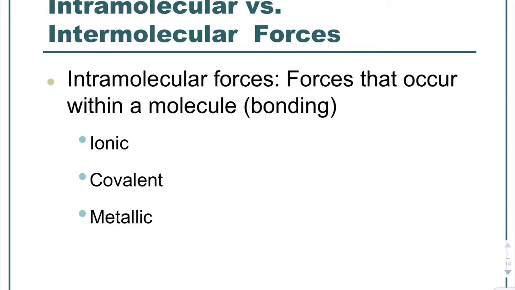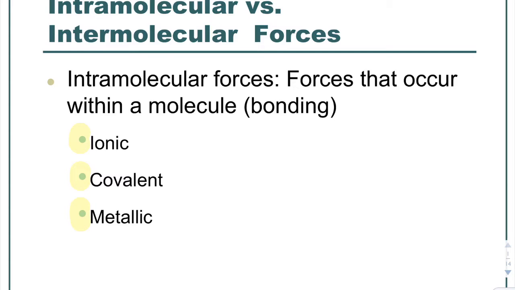So we're talking about intermolecular forces. We've already been talking about intramolecular forces, and I just need you guys to recognize the difference here right off the bat. First, I listed the intramolecular forces. These are the bonds that we should be most familiar with: ionic bonding, covalent bonding, metallic bonding. These are the types of bonds that occur between two different elements.